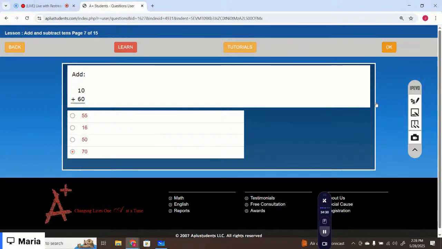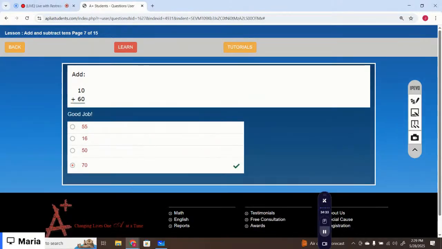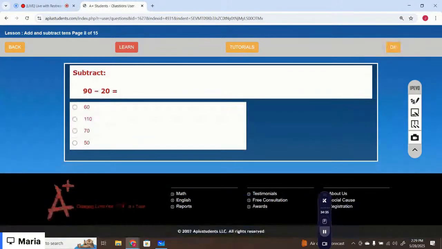Option number 4 is the correct option. That is 70. 90 minus 20 is 70.